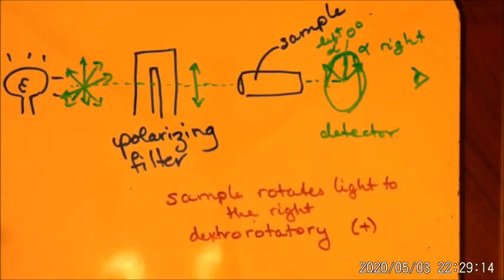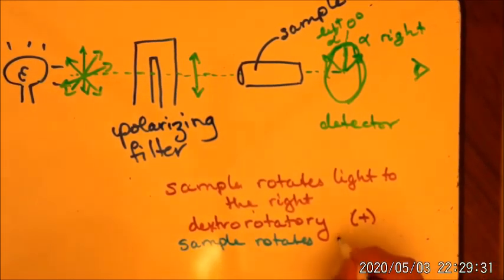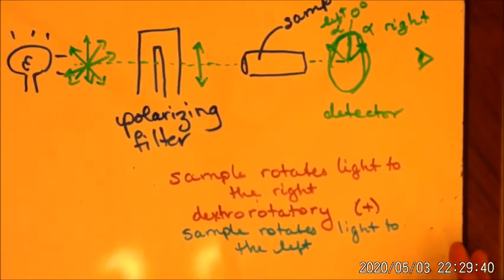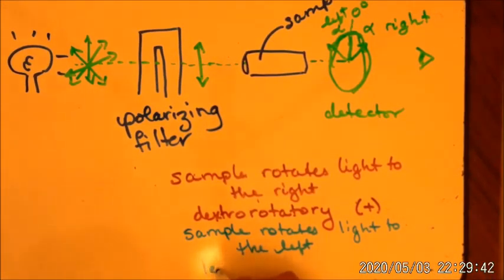If we rotate light to the left, that is called levo, which means left, rotatory.